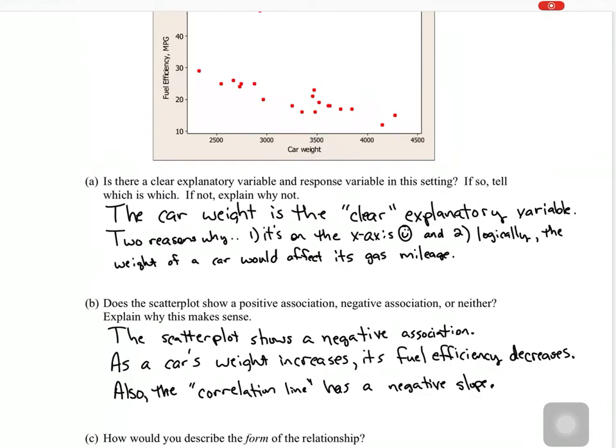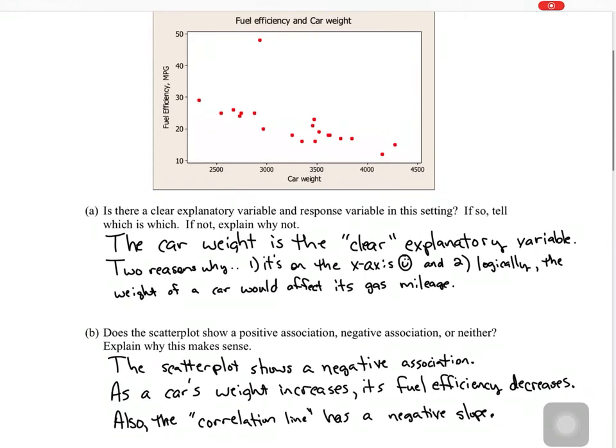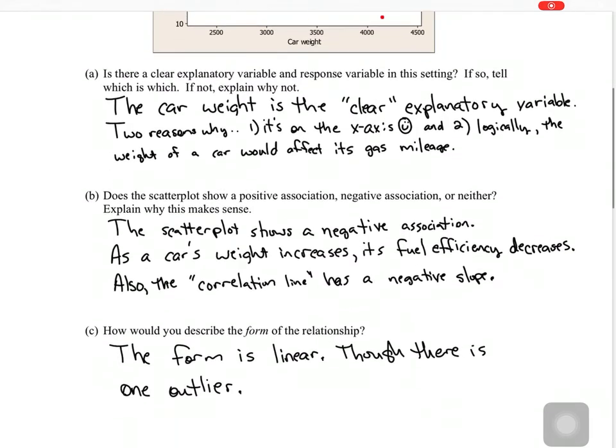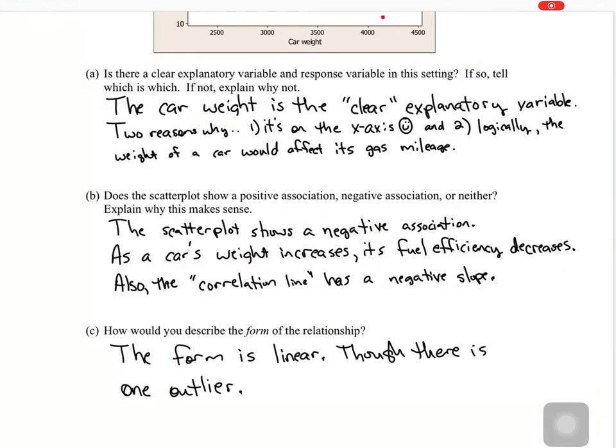So there's a line that connects all those dots, and we kind of have to ignore the outlier to some extent, though it would affect the line. This is still a linear correlation, and that line would have a negative slope, which gets us to part C, the form of the relationship. The form is linear.